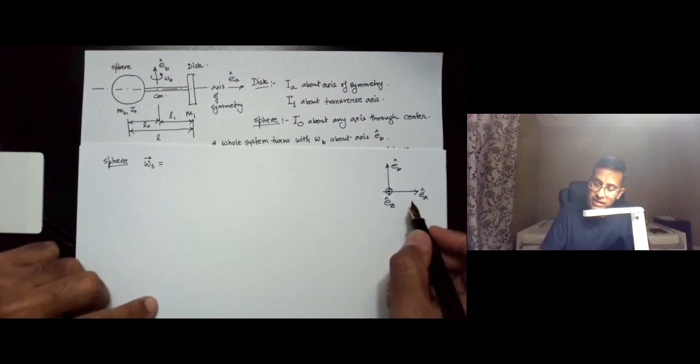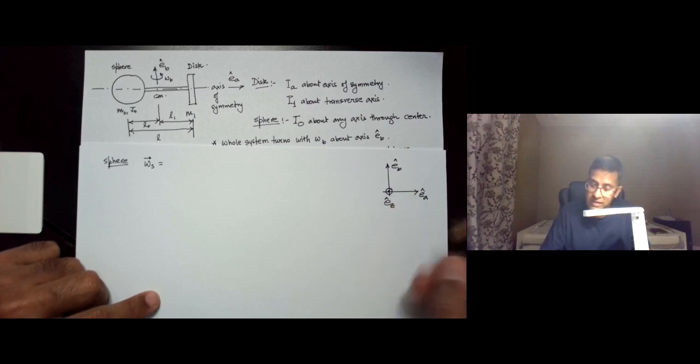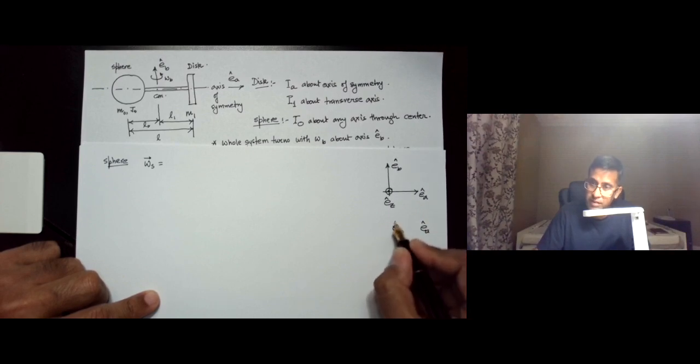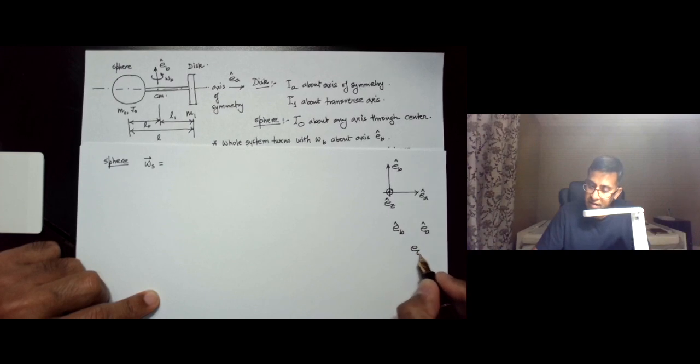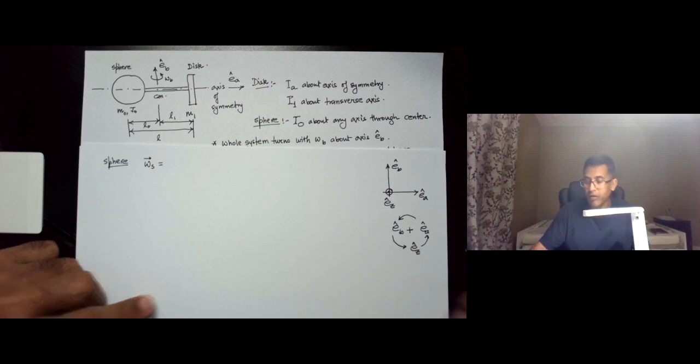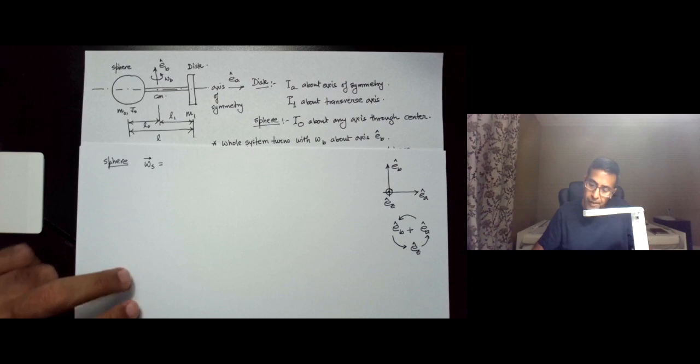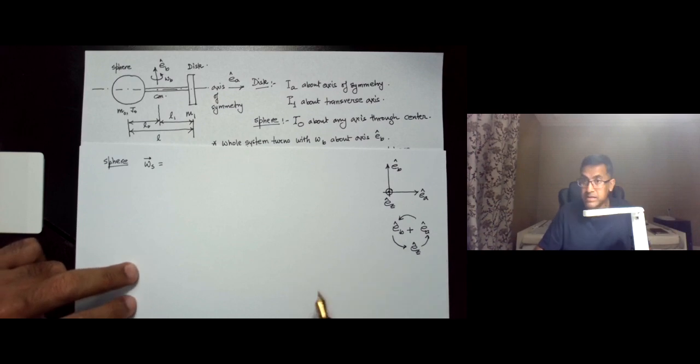So you can see that the right-handed coordinate system would be such that EA cross EB gives us EZ. So it is this convention that we are going to follow whenever we need to do cross products.